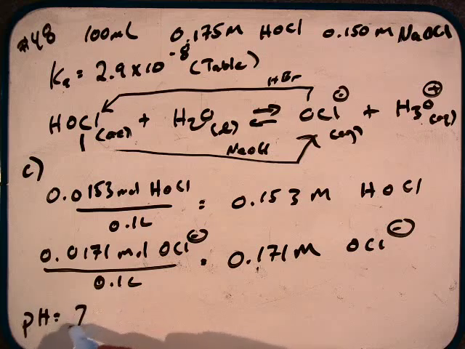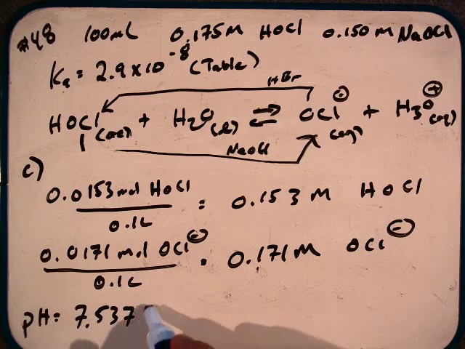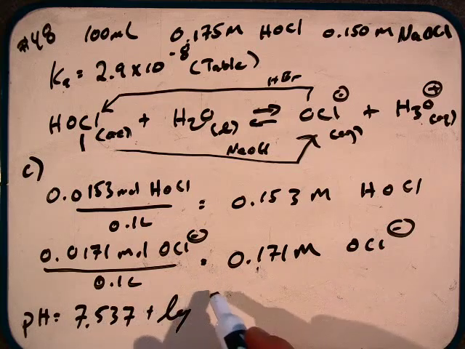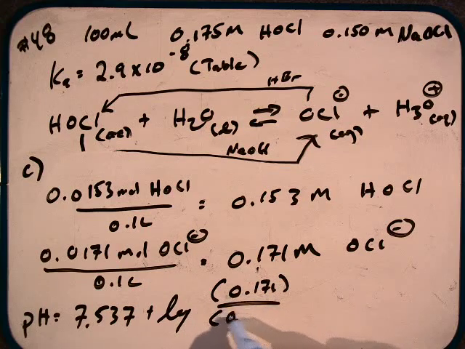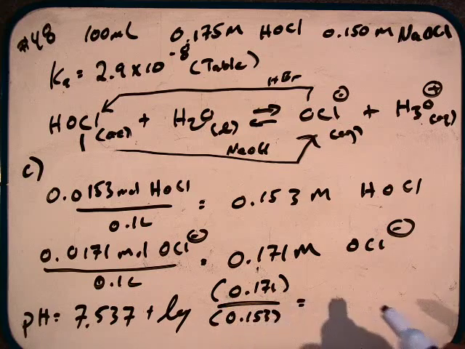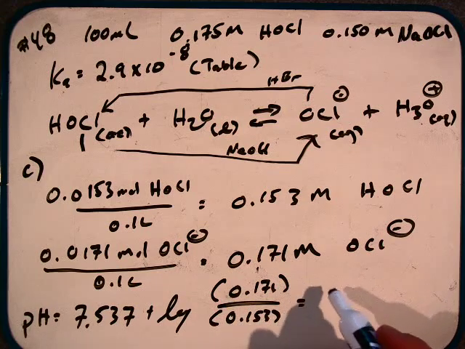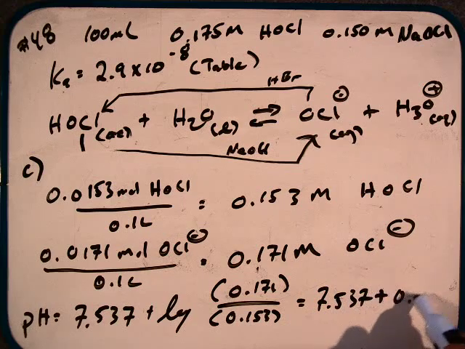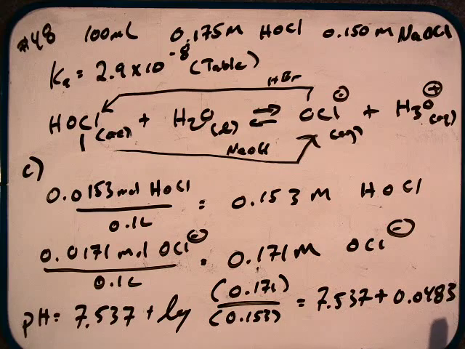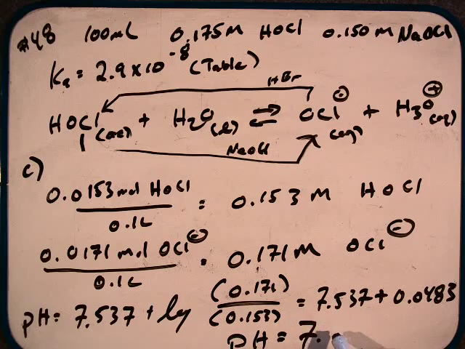That pH is equal to 7.537, which we've done earlier, plus the log of that ratio, 0.171 over 0.153, which equals 0.0483 as far as the logarithm of that ratio, and that gives us our pH, which is 7.585.